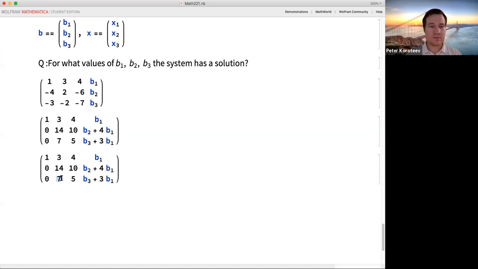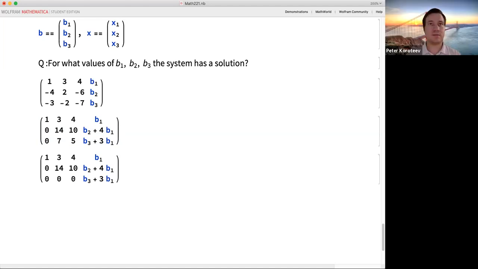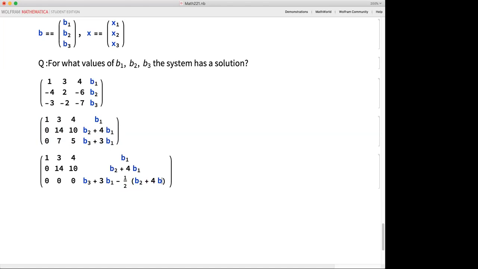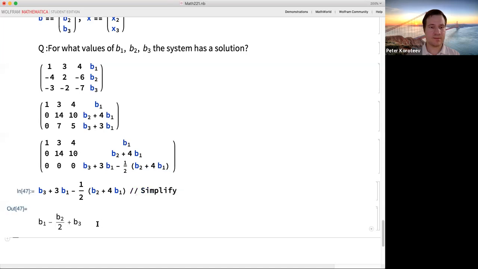So if you do that, you'll get 0, 0, 0, and then this one will be what? Minus 1/2 of b2 plus 4b1, and this can be simplified, right? So it's b1 minus b2 plus b3.